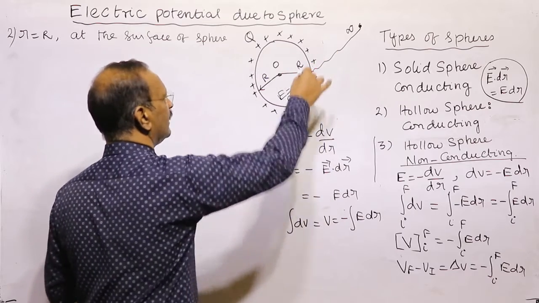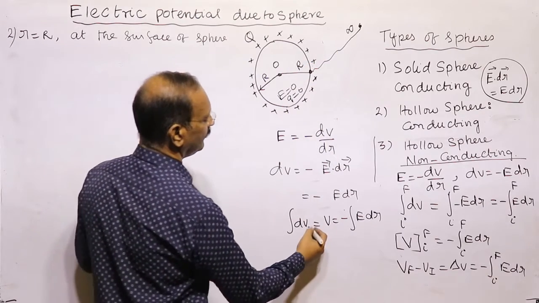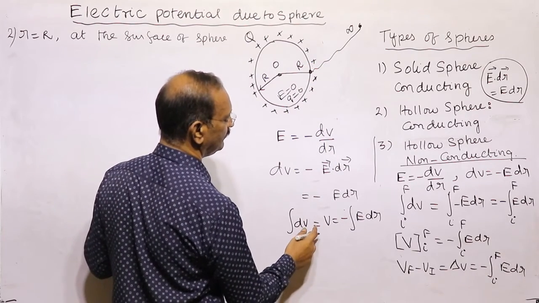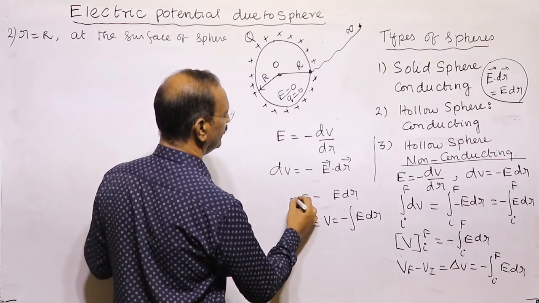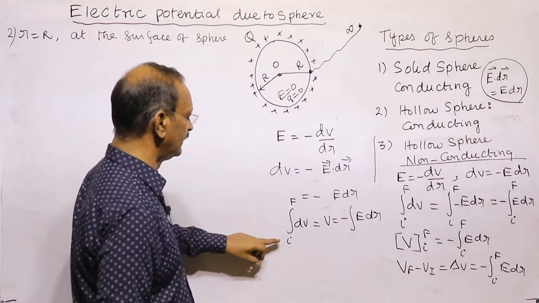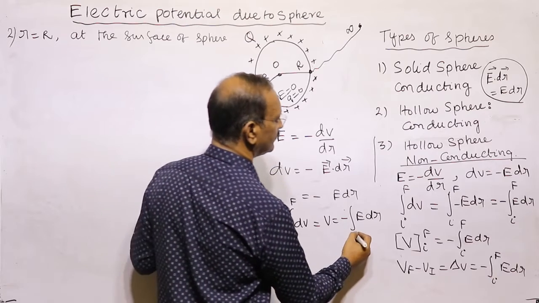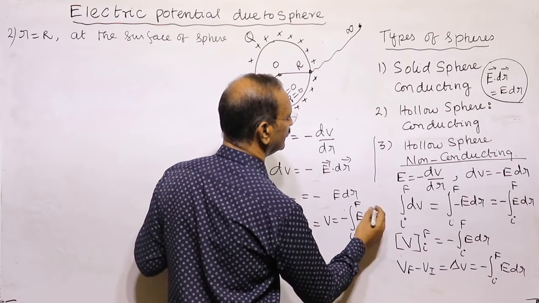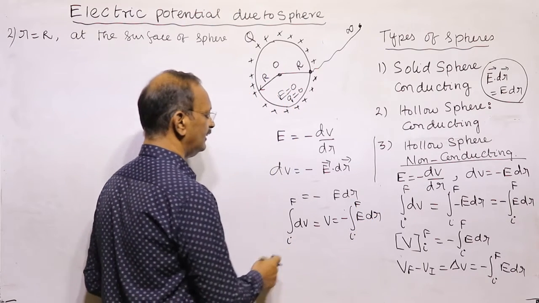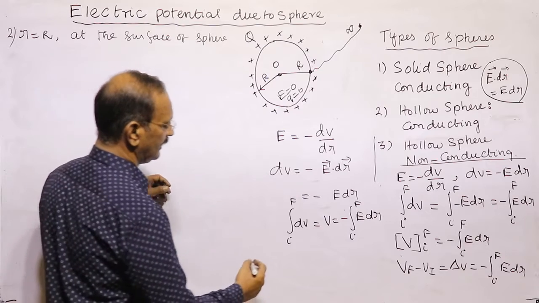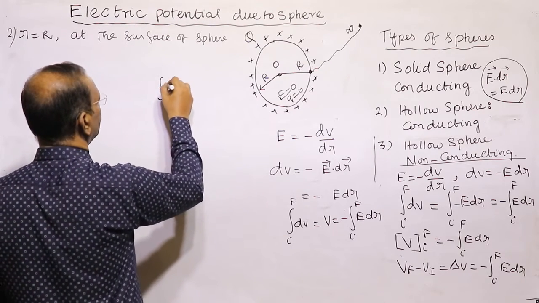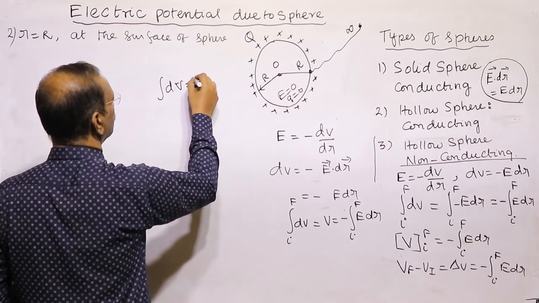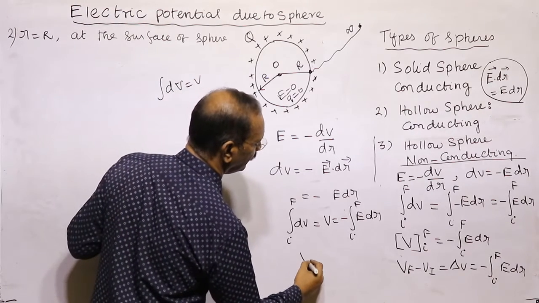The charge resides on the surface, so we have to put the limit also. In a definite integral, the limit always goes from initial to final. Here also initial to final, in terms of distance on one side and in terms of potential on the other. So the integral of dV is equal to V.